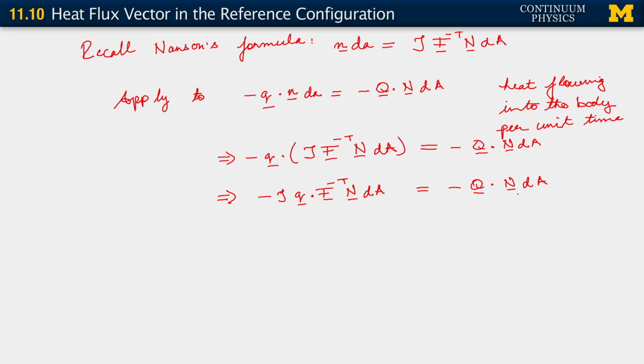Okay? And now from our study of how transposes of tensors work across dot products, what we know is that minus F inverse, sorry, I need to have a J there.